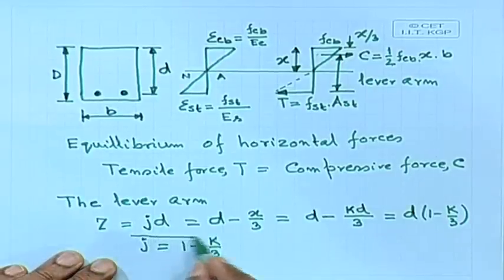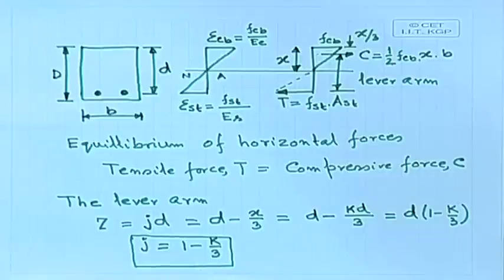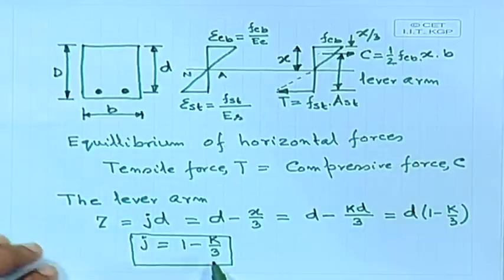This is one important equation here: J equal to 1 minus K by 3. We have the effective depth, and we have to find a fraction. If we can find either K or J, then obviously we can find the other one also.